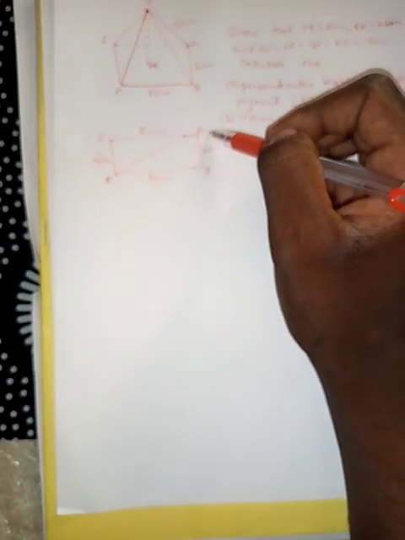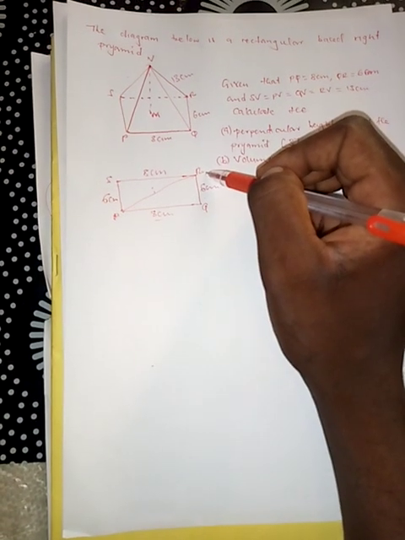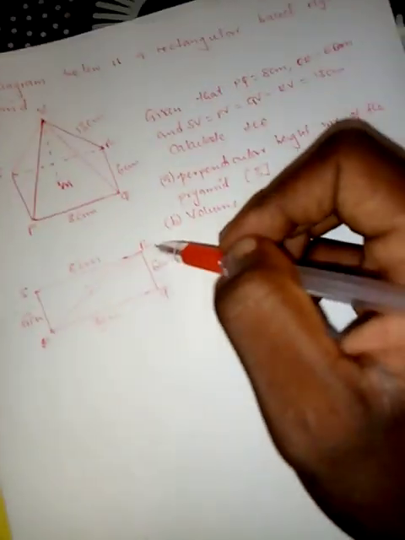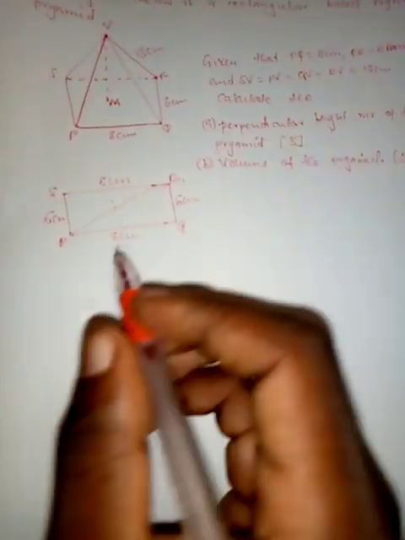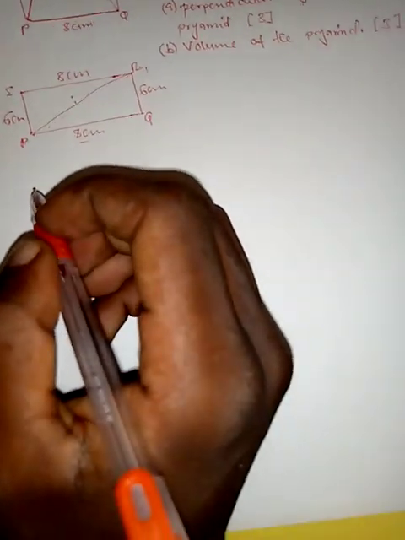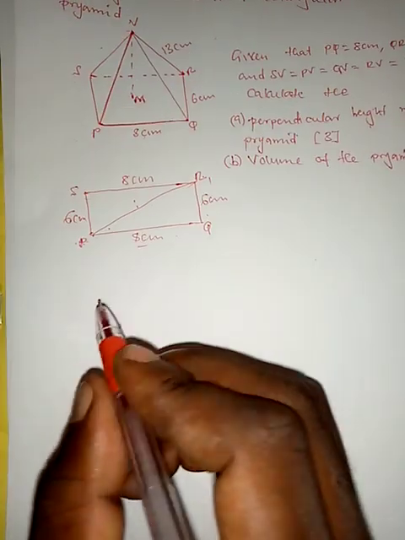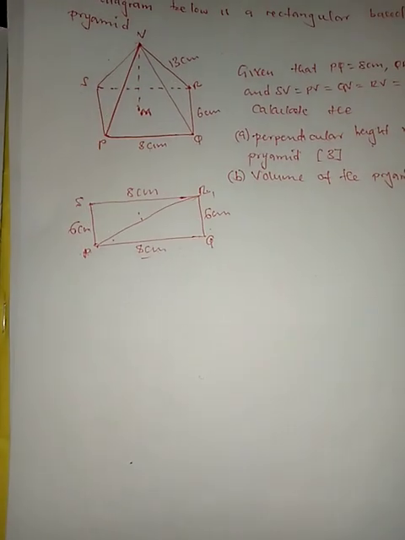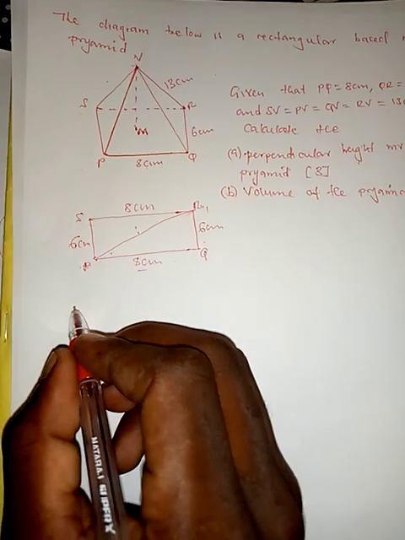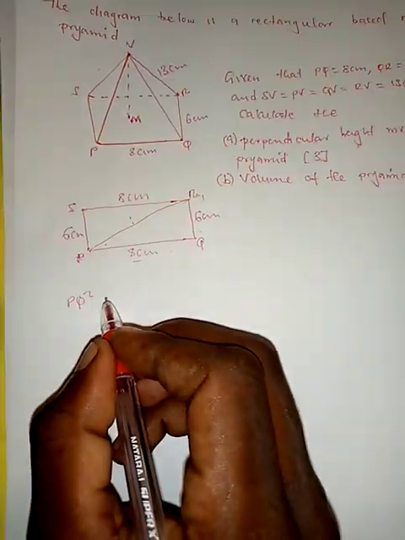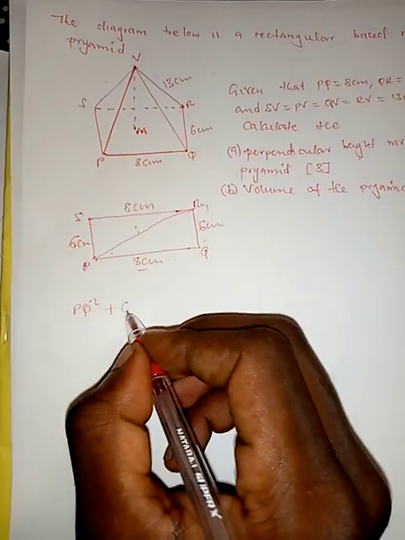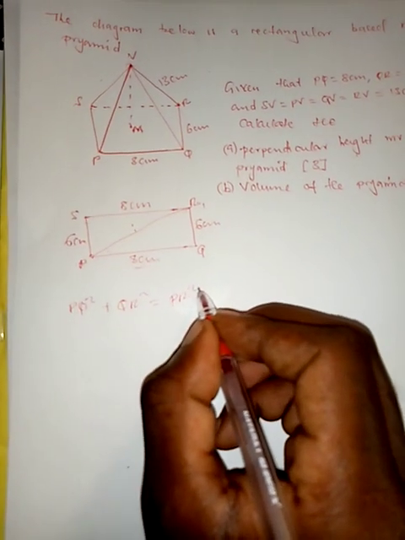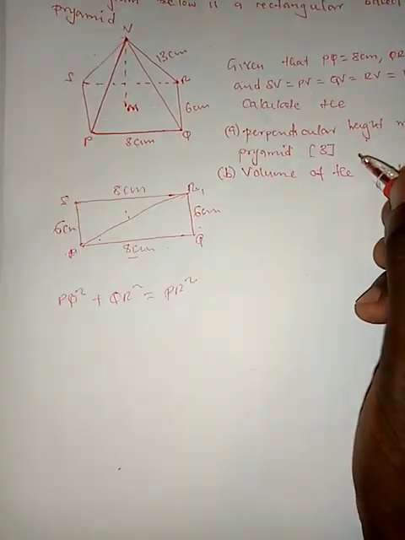The Pythagoras theorem says PQ squared plus QR squared must be equal to PR squared, the distance I'm looking for.